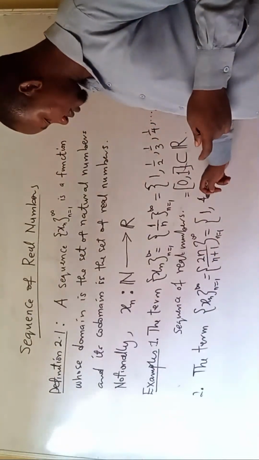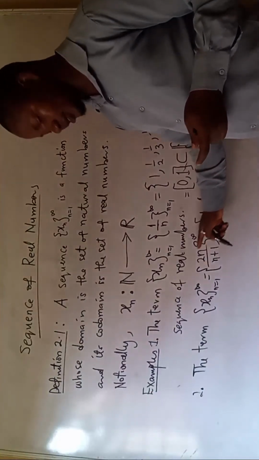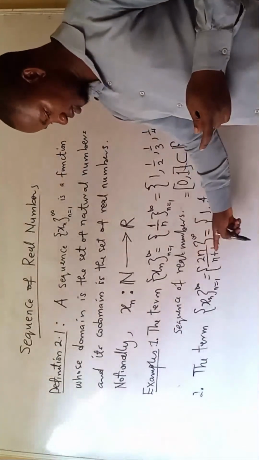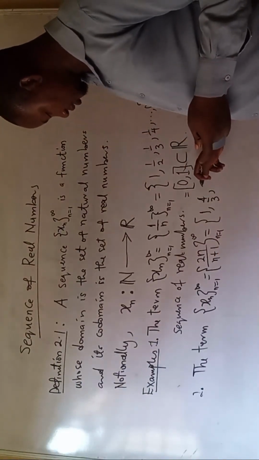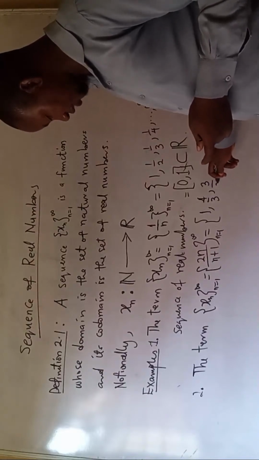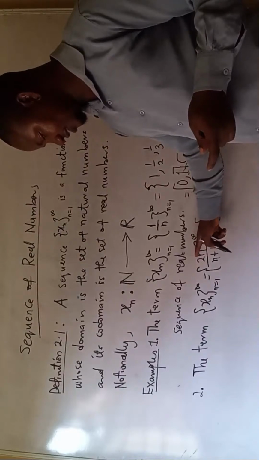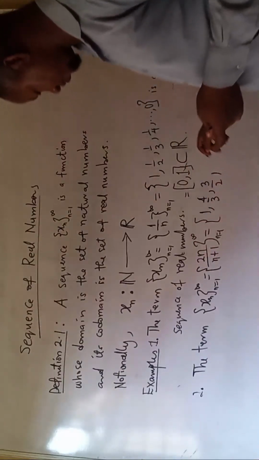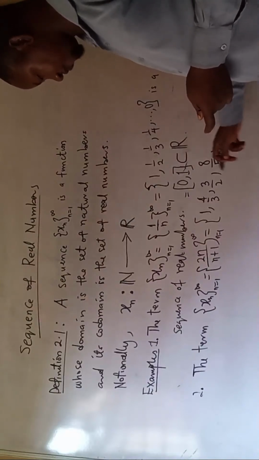The next number is 4 over 3. When n is 3, this is a 6, and this is a 4. 6 over 4, that is 3 over 2. When n is 4, this is 8 over 5.